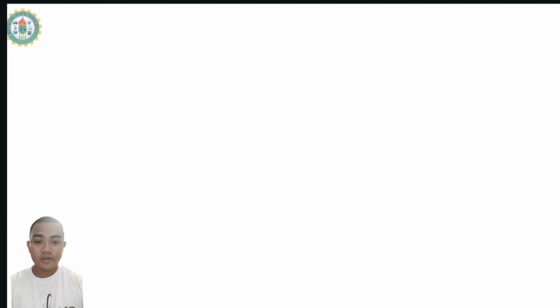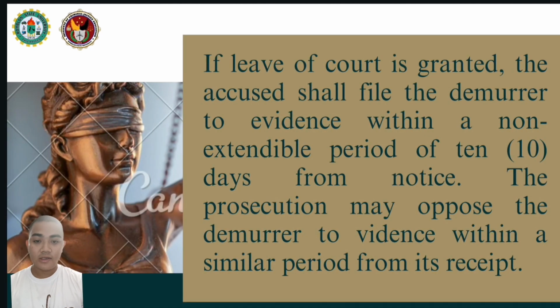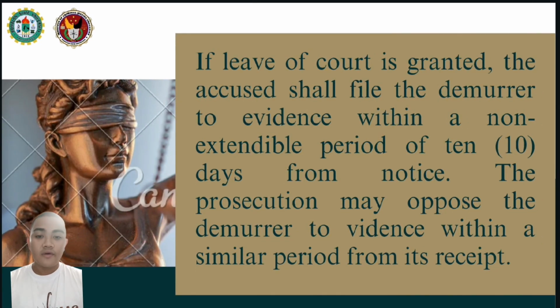If leave of court is granted, the accused shall file the demurrer to evidence within a non-extendable period of 10 days from notice. The prosecution may oppose the demurrer to evidence within a similar period from its receipt.